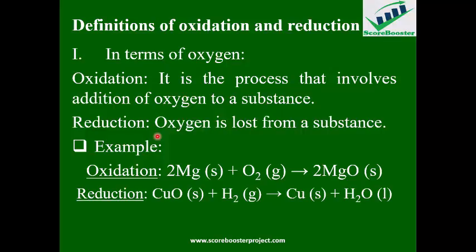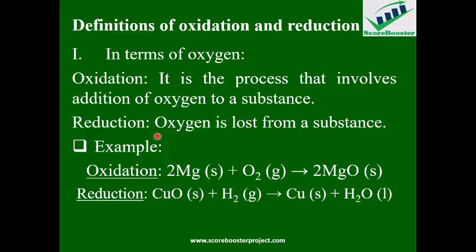Reduction is when we have copper oxide or iron oxide or magnesium oxide. We now pass hydrogen to it, especially this copper oxide, which is very suitable because hydrogen is above copper in the electrochemical series. So it is easy for hydrogen to replace or displace copper.